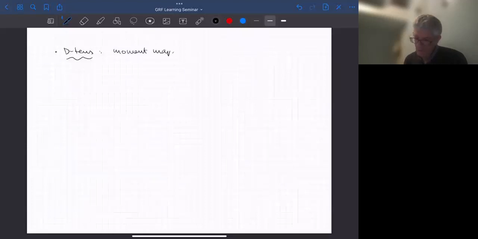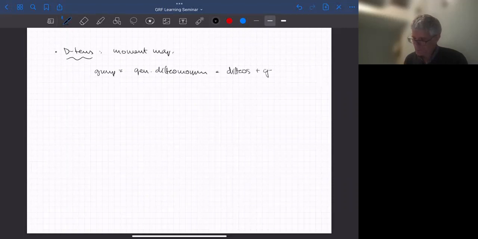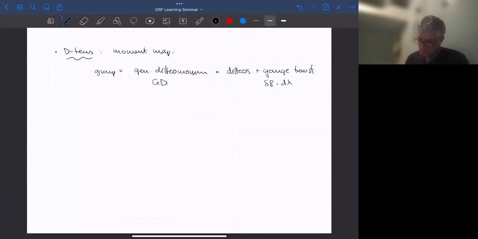And what is the moment map? So what's the group? So the group for the moment map is just the generalized diffeomorphisms, which is basically diffeomorphisms plus gauge transformations. So I just mean the change in the B field is d lambda. Let's call this G diff.